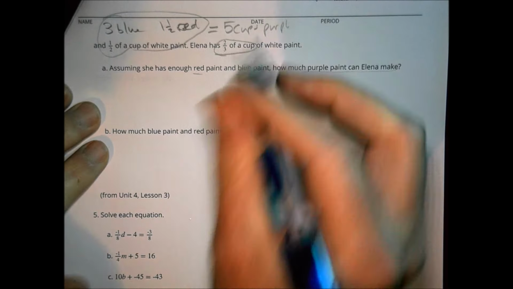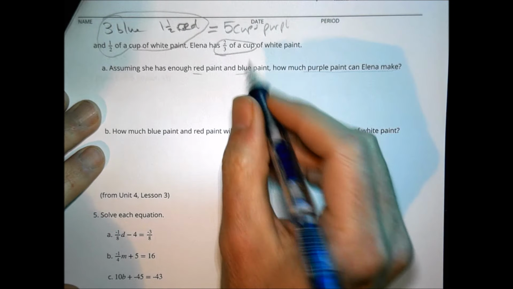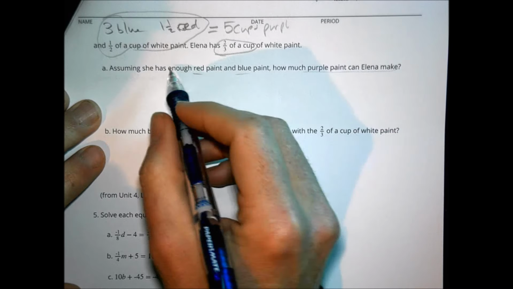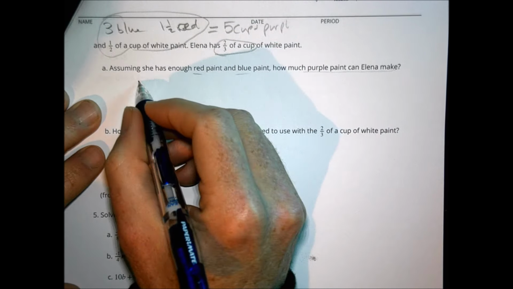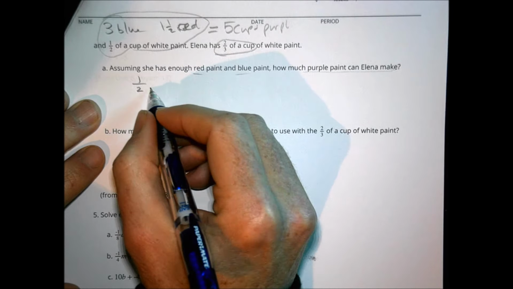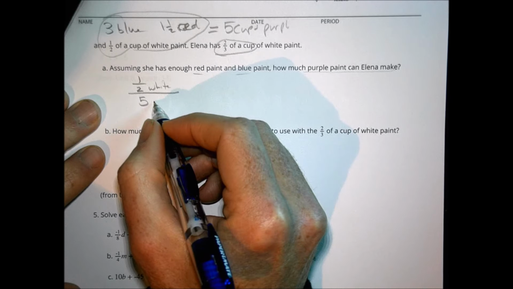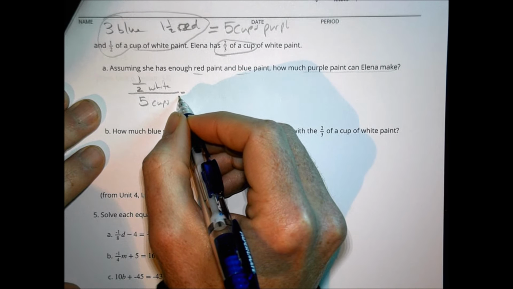All right, we know that this ratio of paint makes 5 cups. So in terms of what she has, we know that she has 2/3 white paint. Well, for the ratio, you have to have 1/2 cup of white in order to make 5 cups of paint. Okay, so that's going to be true.